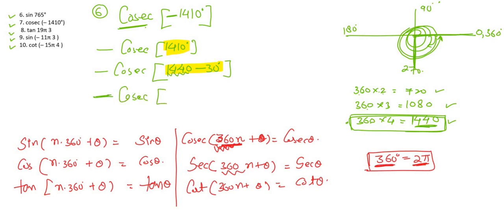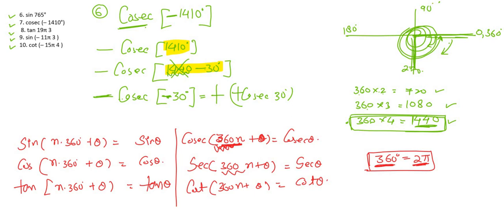This means 4 rounds are over, so we can drop it and we can write minus of 30. And minus 30 means again it is in reverse direction, in the fourth quadrant. So in the fourth quadrant, cosec will become minus of cosec 30, and this minus was already there. This minus and minus will become plus.